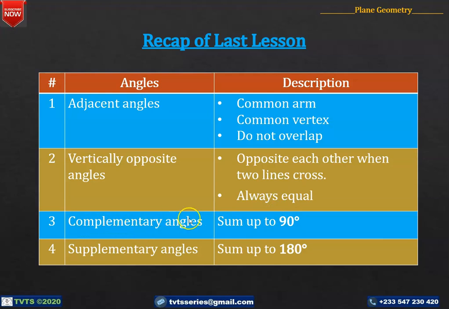Complementary angles sum up to 90 degrees, and supplementary angles sum up to 180 degrees. Do well to keep these definitions as they will be useful over the course of this and subsequent lessons.